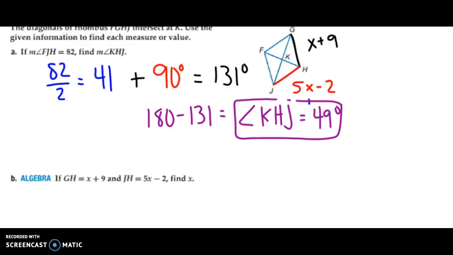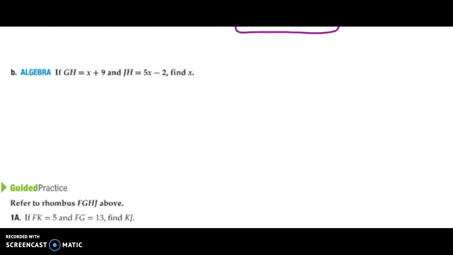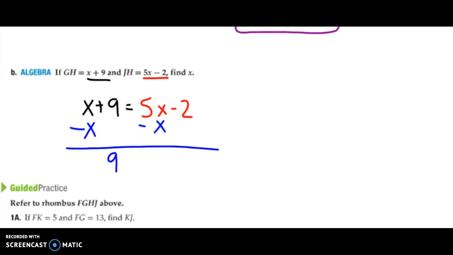Well, if you think back to what a rhombus is, and since we know that this is a rhombus, all four sides are going to be equal to each other, which means that x plus 9 is going to be equal to 5x minus 2. Now it just becomes a problem that we can solve. Subtract x from both sides, and I get 9 is equal to 4x minus 2.